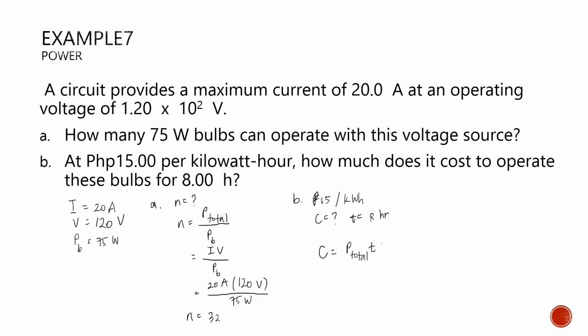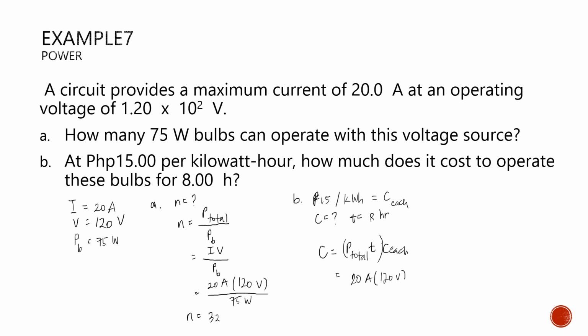Let's say this is C. For each kilowatt hour, it's 15 pesos. So for the total power, that's 20 times 120, or you can solve for it separately.